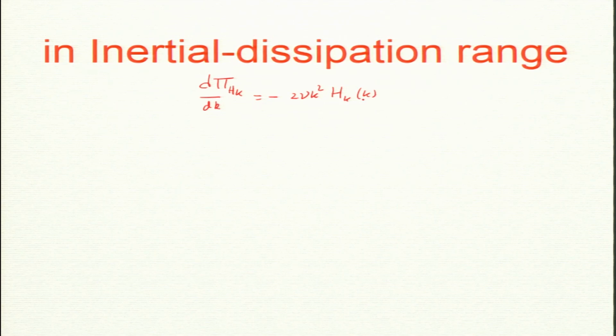So, what will Pao say? Pao will say that Hk by pi Hk is a function only of epsilon u and k.